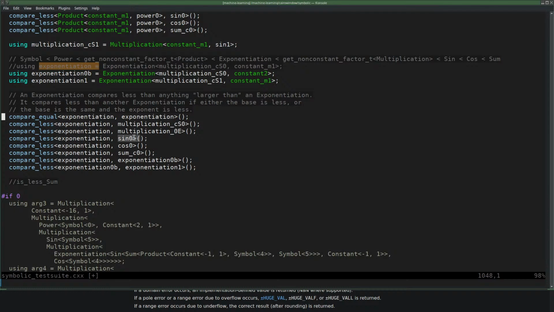But if sine 0 compares less than, then so will cosine and sum, really. I'm still kind of interested though in a multiplication with a constant with an exponentiation. Let's add those as well.